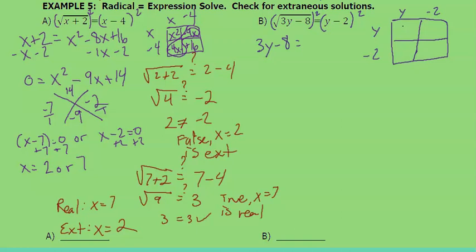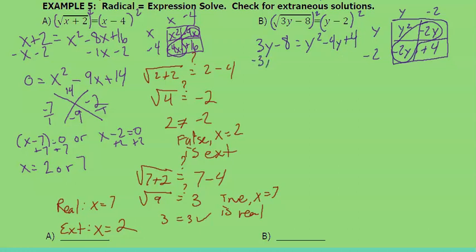Find the area of all four boxes. Y times y is y squared. Y times negative 2 is a minus 2y. Y times negative 2 is a minus 2y. And negative 2 times negative 2 is a positive 4. Combine the like terms here, and then you get y squared minus 4y plus 4.